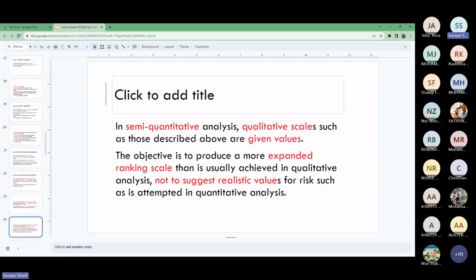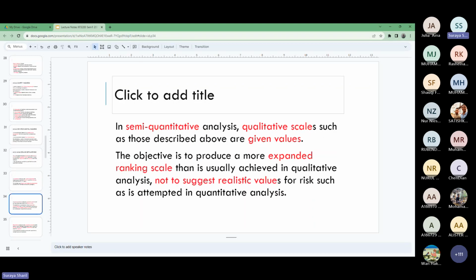Next one, semi-quantitative analysis. Qualitative scales, such as those described above, are given values. The objective is to produce a more expanded ranking scale than is usually achieved in qualitative analysis, not to suggest realistic values for risk, such as is attempted in quantitative analysis.